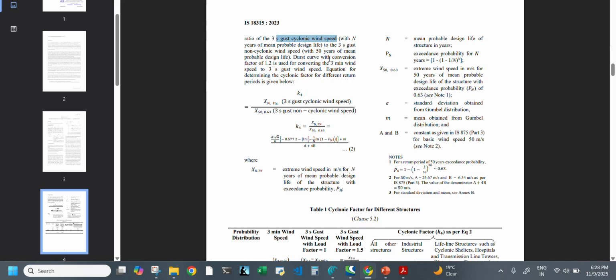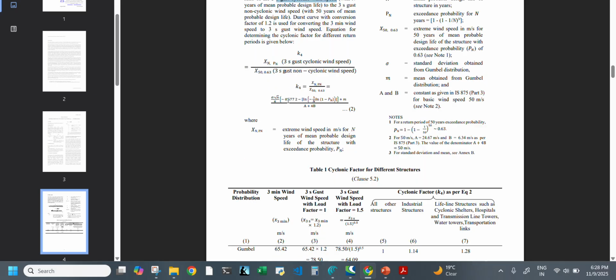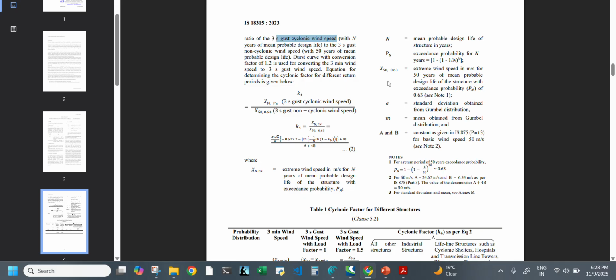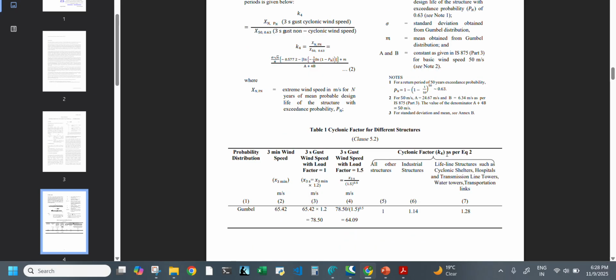The dust curve with a conversion factor of 1.2 is used for converting the three-minute wind speed to the three-second gust wind speed for determining the cyclonic factor. We know about this formula, and here they are explaining it properly.